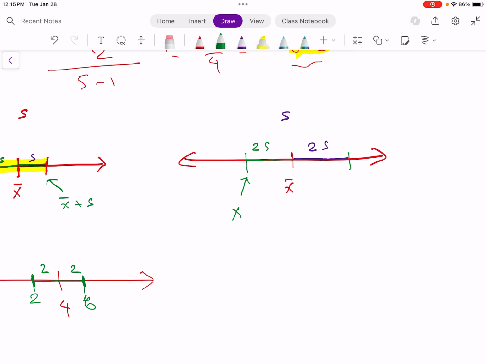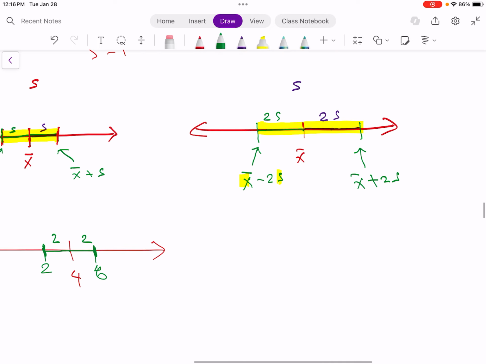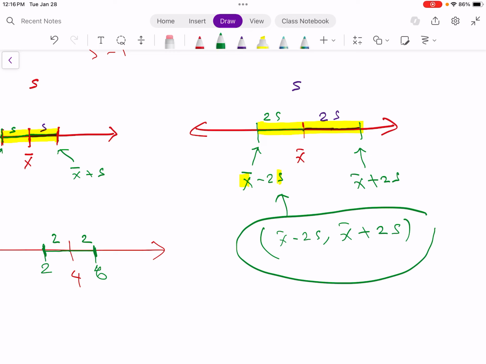This is x bar minus 2s, and this is x bar plus 2s. x bar is a number, s is a number, and x bar minus 2s is also a number. So from this number to x bar plus 2s is the 2 standard deviations of the mean. This is an interval, x bar minus 2s to x bar plus 2s.